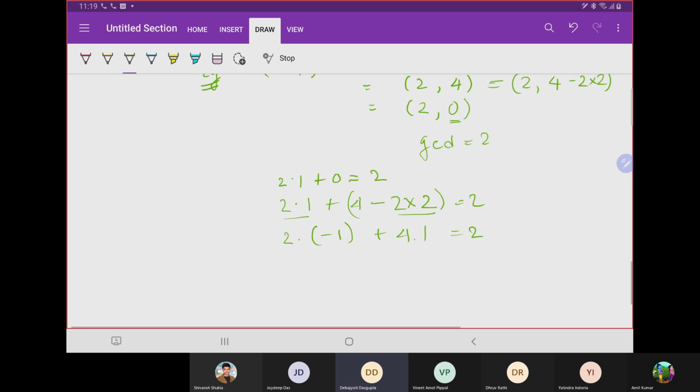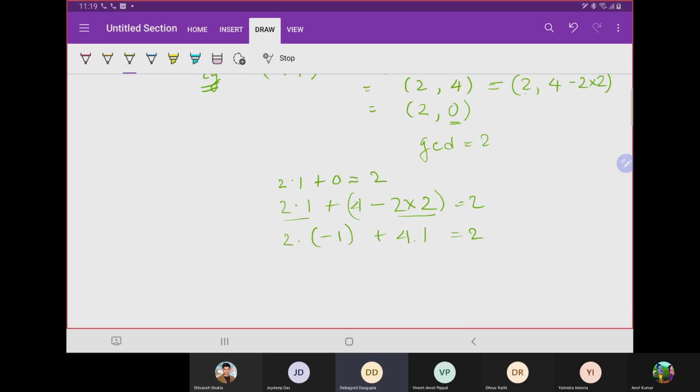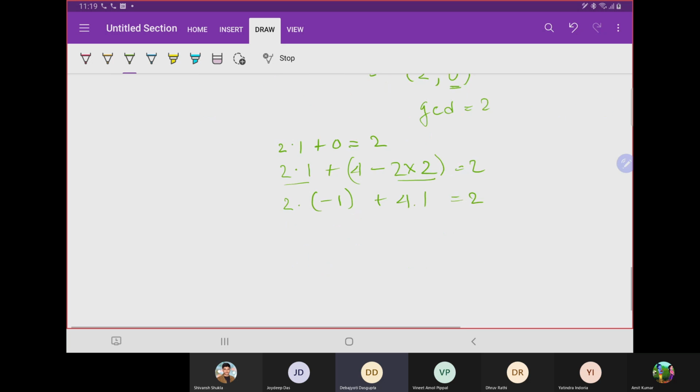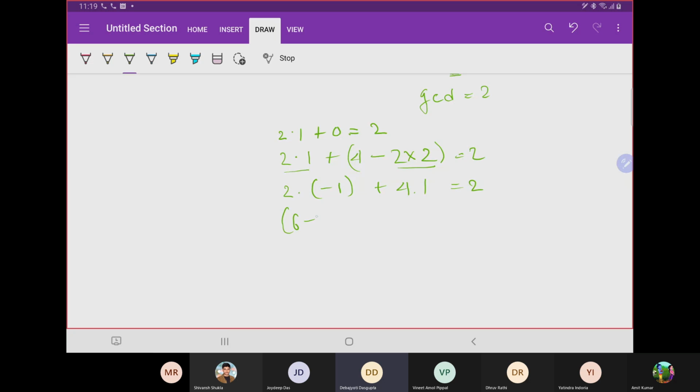Now my question is, how did this 2 come? I know about the 4 because I had it in the starting, but how did this 2 come? This 2 came from the term 6 minus 4, so I replace it with 6 minus 4. Now again I combine this term and this term. So I have 6 into minus 1 plus 4 into 2 equals 2.